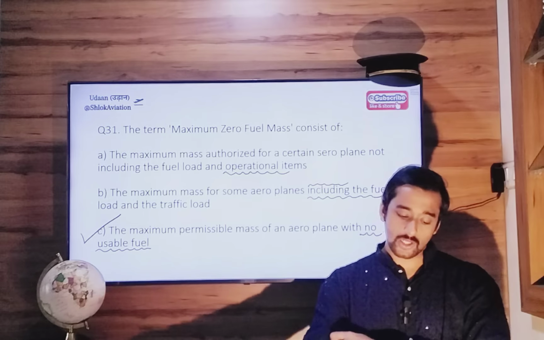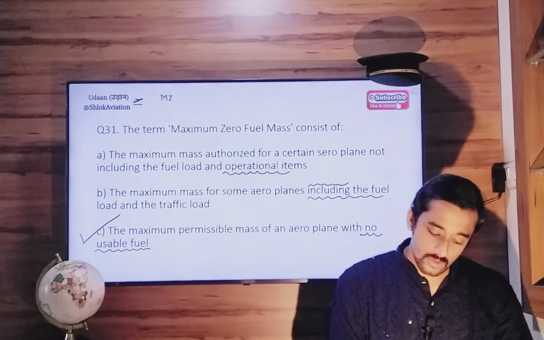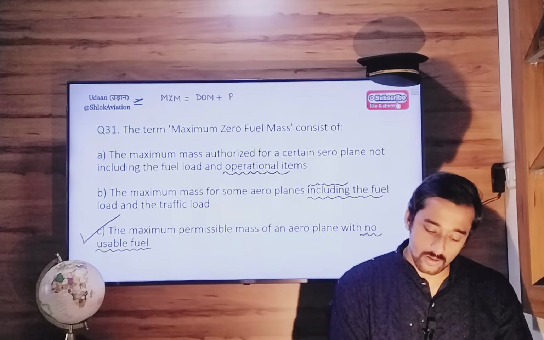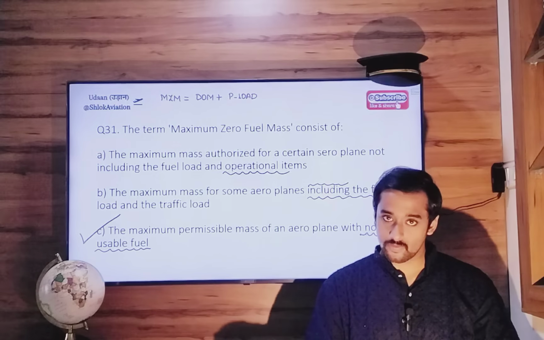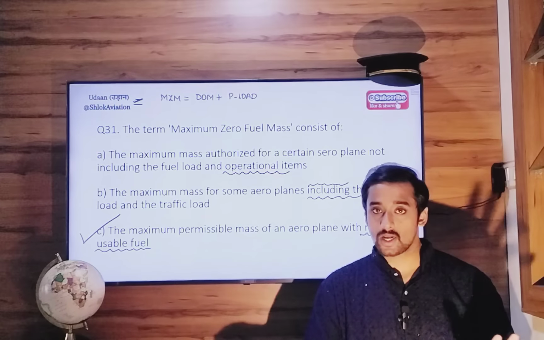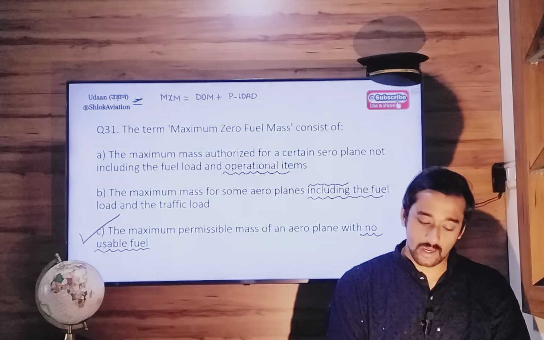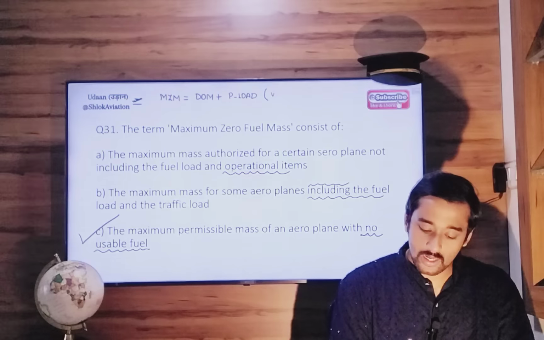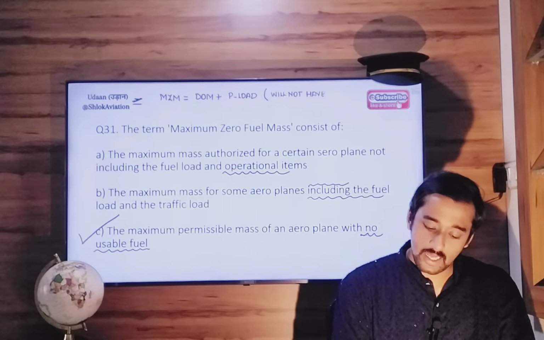Option A is wrong because your maximum zero fuel mass is nothing but your dry operating mass plus payload. Dry operating mass plus payload. Okay, so that is maximum zero fuel mass. So DOM plus payload, this maximum zero fuel mass will not have any usable fuel.